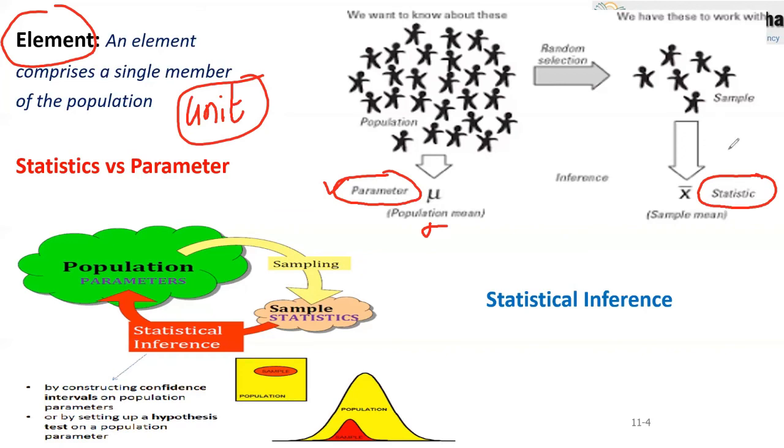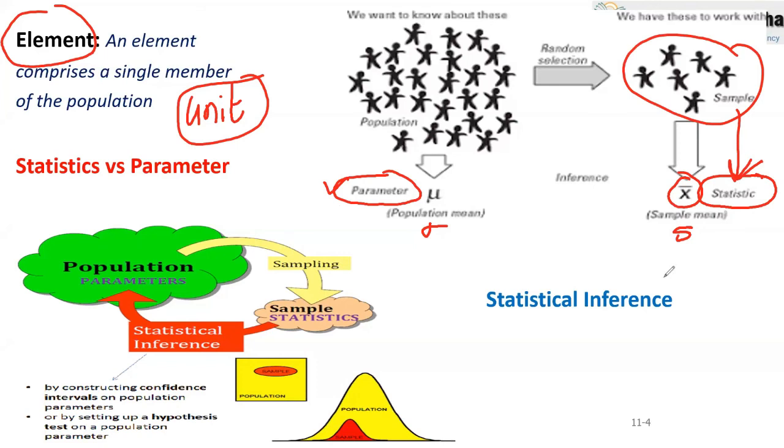And the same thing, if you measure it from the sample, is called a statistic. Like the mean of the sample, the standard deviation of the sample. So when you measure anything of the population, it's called a parameter; the same thing measured from the sample is called a statistic. We will use these words very frequently: parameter and statistic.